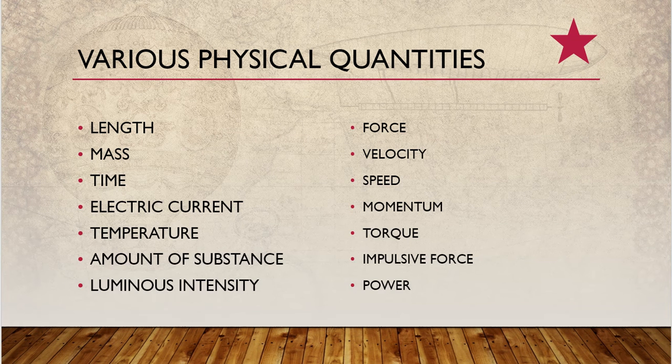Hence, those are called derived because they are derived from the fundamental physical quantities. So, there are two types. One is fundamental physical quantity, which are independent, and the second one is derived, which are dependent on other physical quantities. They are dependent on fundamental physical quantities. So these are the various physical quantities.